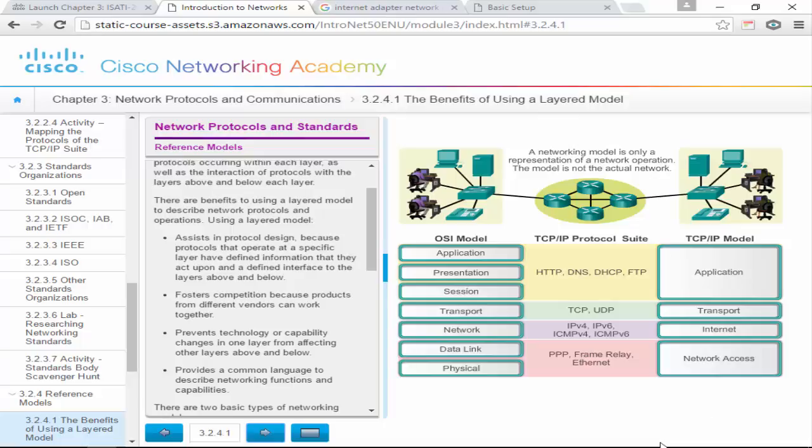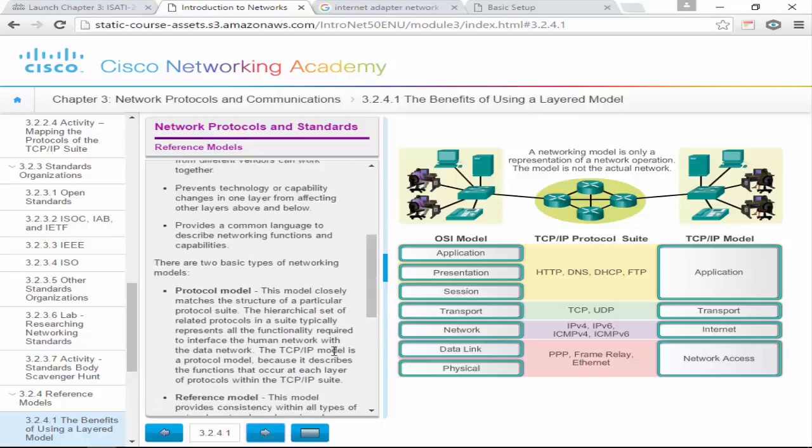Now everyone's building on the same thing to work together, and so that fosters competition. You have to advance your technology so that people want it. It prevents technology or capability changes in one layer from affecting other layers above and below. We'll explain that more as we start studying it. It also provides a common language to describe networking functions and capabilities.